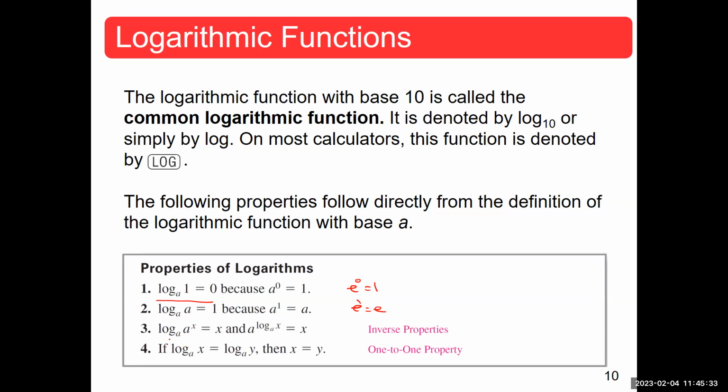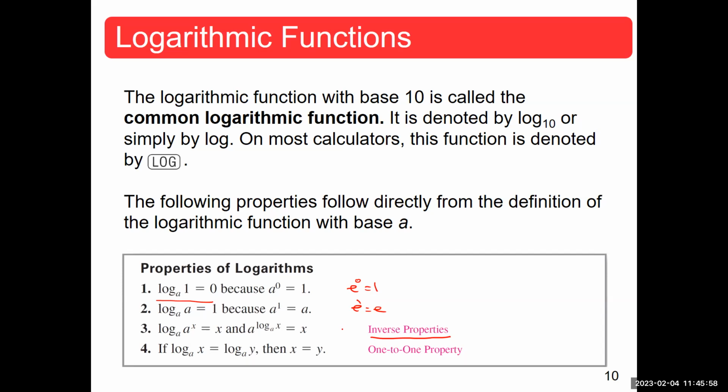Now, those here are very important, 3 and 4. Log base a of a to power x equals x. And a to power log base a of x also equals x. We call these inverse properties. We learned that at the end of chapter 1.